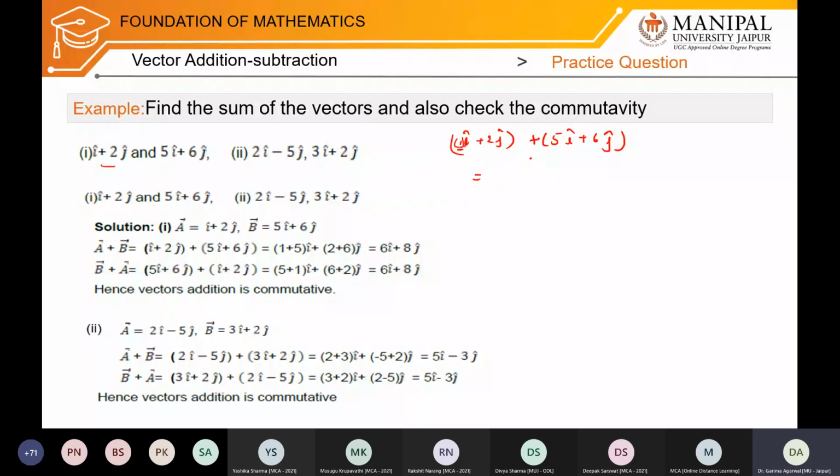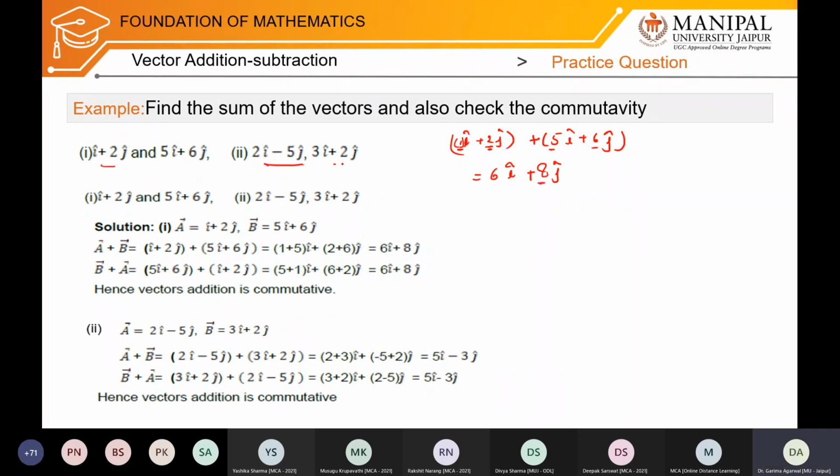The coefficient of i cap is 1 and the coefficient of i cap here is 5. So 1 plus 5 is 6 i cap. Similarly, the coefficient of j cap is 2 and here the coefficient of j cap is 6. So it will be 8 j cap.